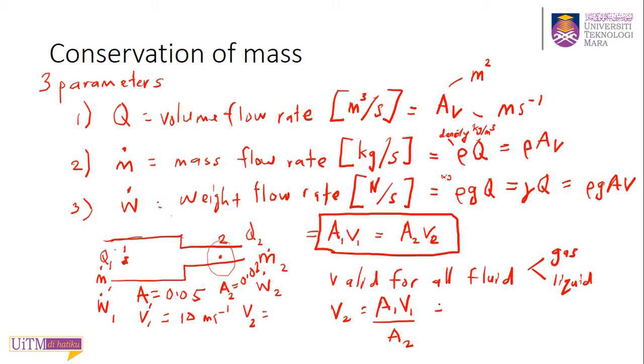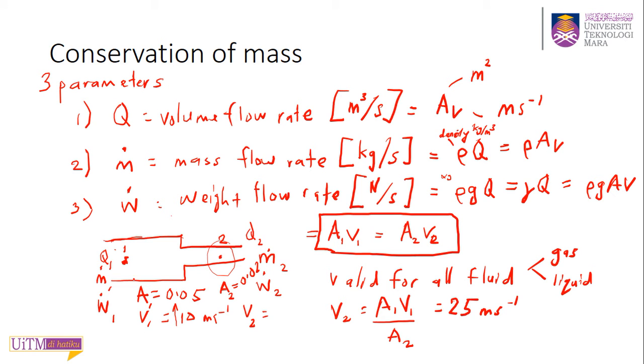If you put in the numbers, your V2 should be higher than V1, because the area is reducing, that means your V must increase. You can check: the area is 0.05 times V1 which is 10, divided by area at 2, 0.02, and this will give you velocity at point 2 of 25 meter per second.